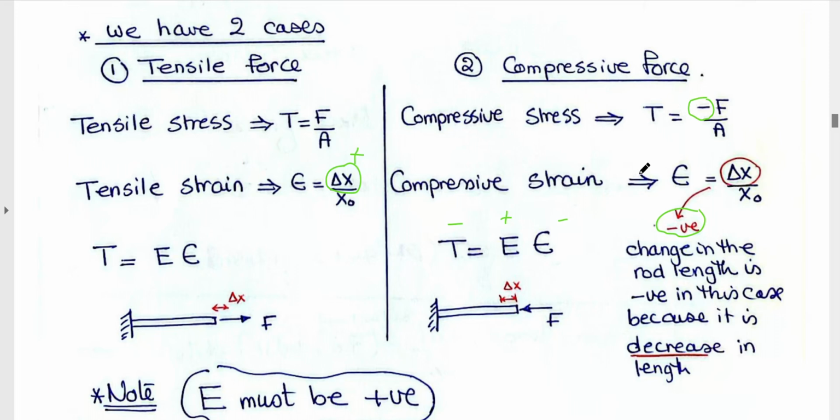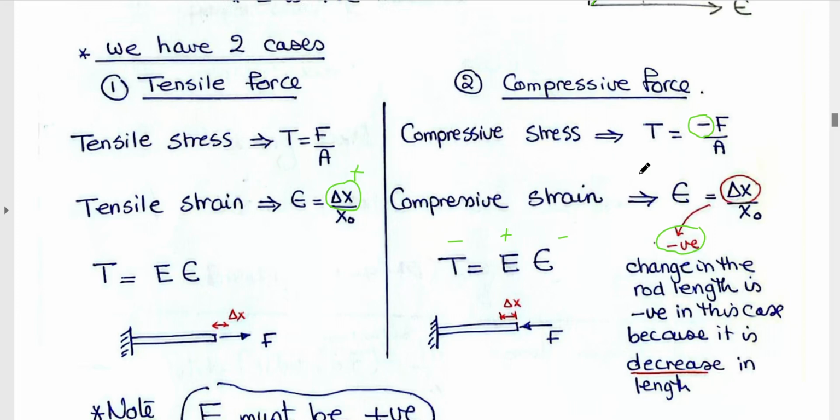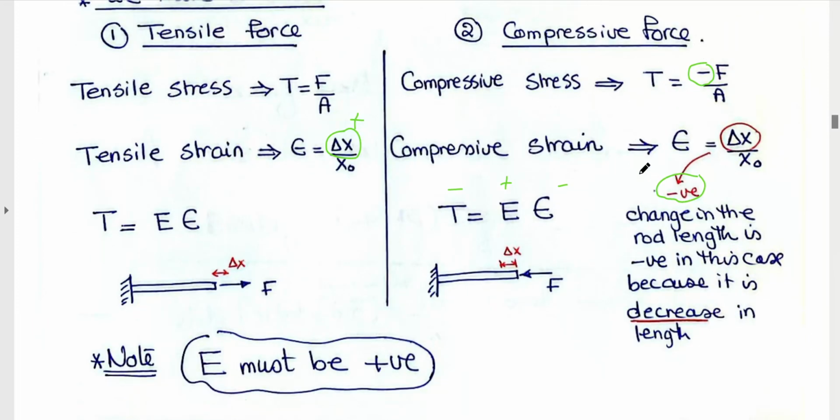So in longitudinal elasticity, we either have an increase or a decrease in length. Take care while dealing with compressive forces: you put the stress as force over area and you put a negative sign. This will assure that Young's modulus is a positive value.